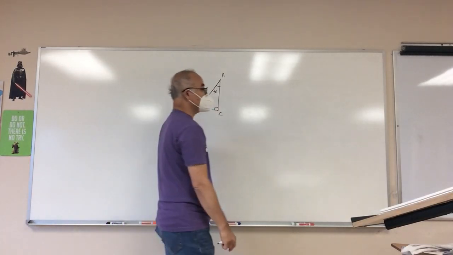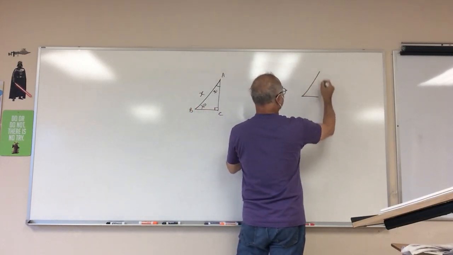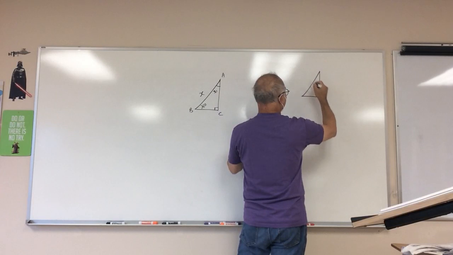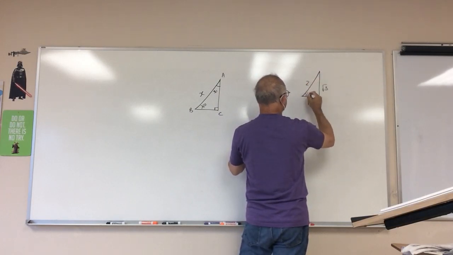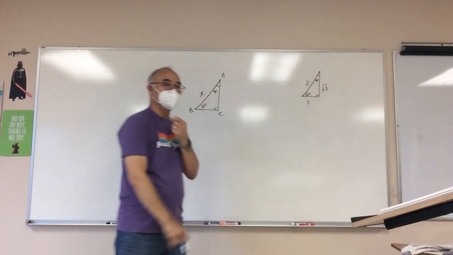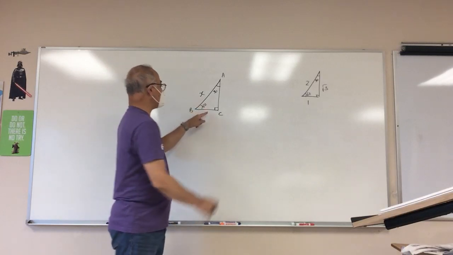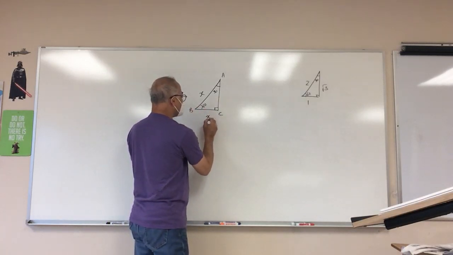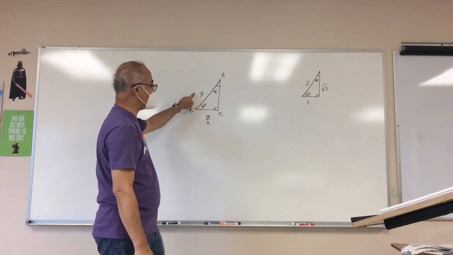What is the ratio? X to 2X, 1, root 3, correct? Does this ring a bell? Since this is X, we know that the base is going to be 1/2 of that, because this times 2 has to be that.